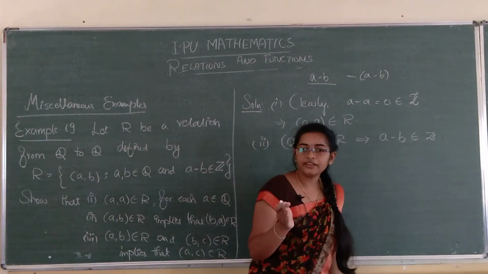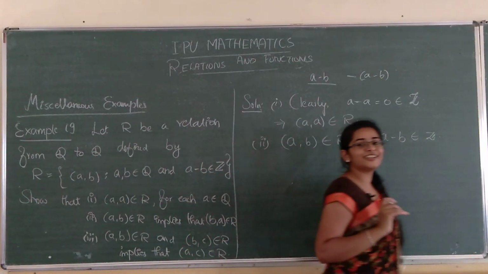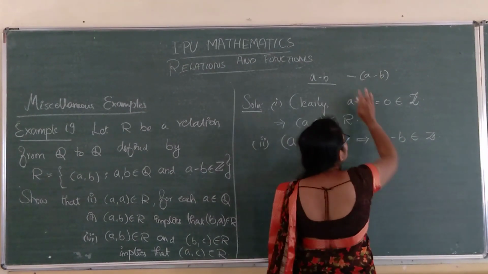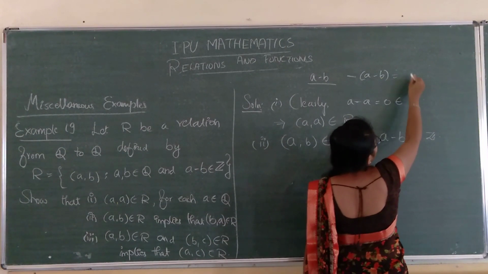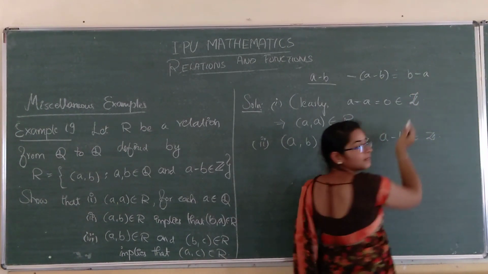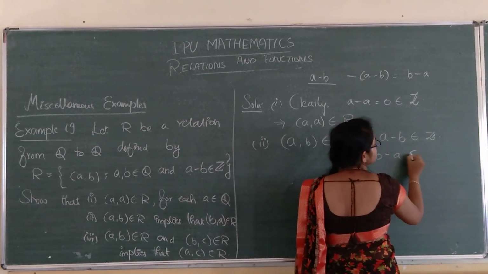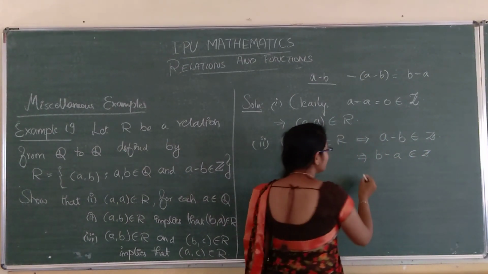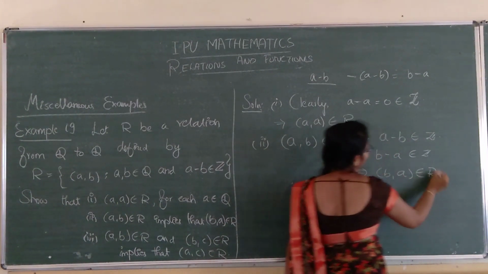If 100 is an integer, minus 100 is also an integer. If minus 100 is an integer, then minus of minus 100, that is plus 100, is also an integer. So minus of (a minus b) is also an integer. That is b minus a. So this implies b minus a is also an integer. That means the ordered pair (b, a) belongs to R.